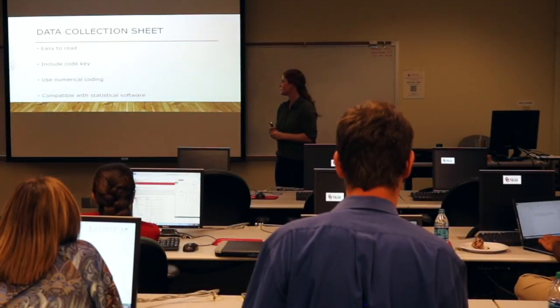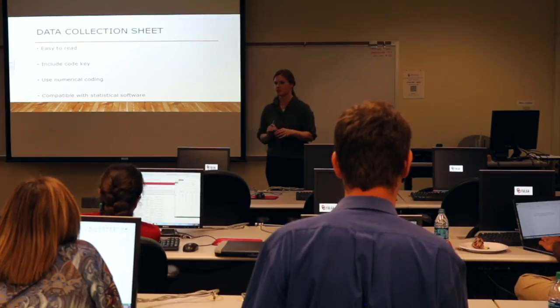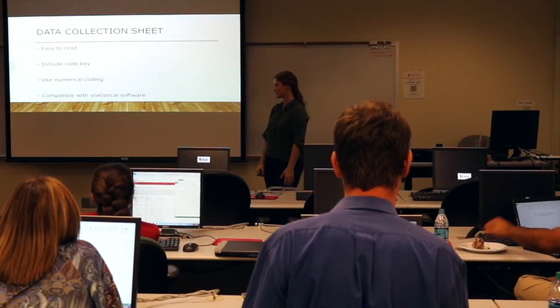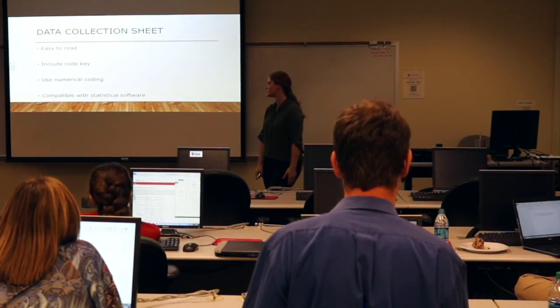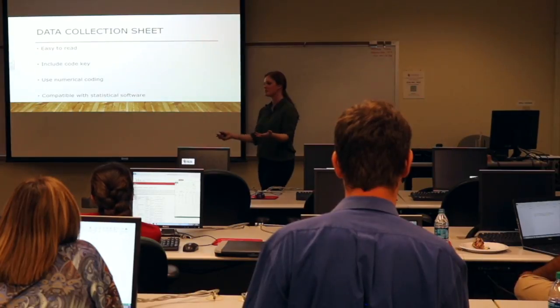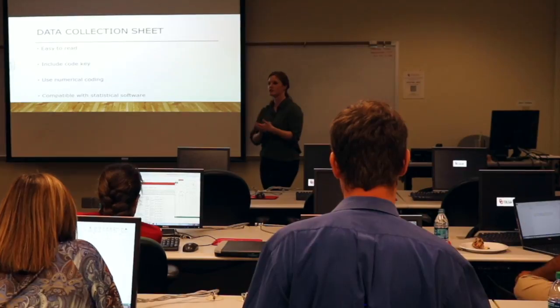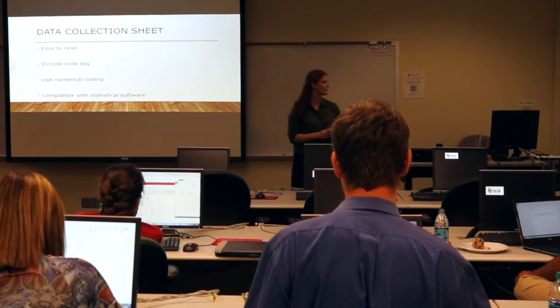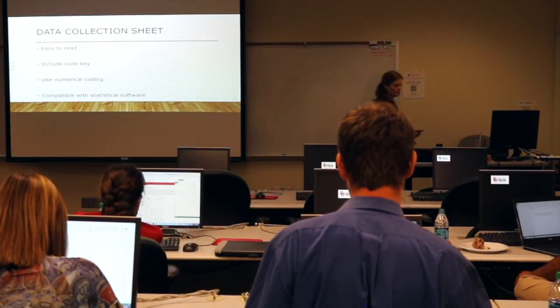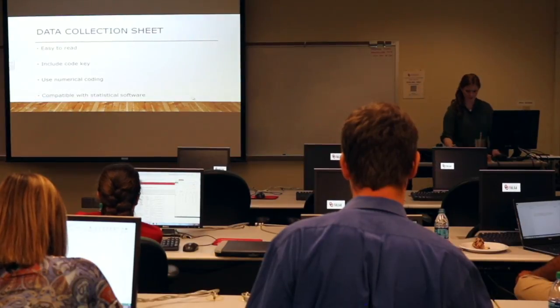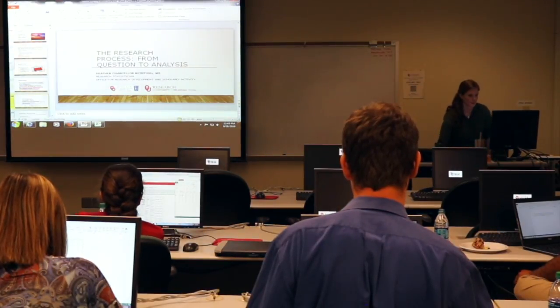So at first glance, this is a really basic sheet that I just made for the purposes of this presentation, but it should be easy to read, right? Subject, and then I think gender, age, that kind of thing. So hopefully it's easy to read if you are looking at it right now.